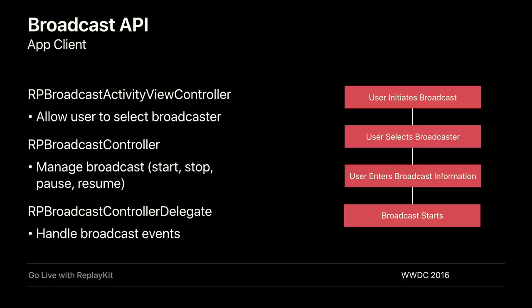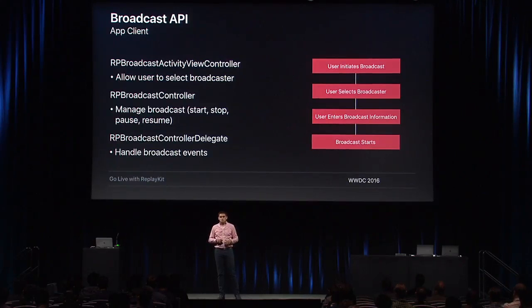RP broadcast controller allows you to manage the broadcast in your code, and you would usually wire it to some UI where user can start, stop, pause, or resume the broadcast. And the RP broadcast controller delegate is a delegate that is notified about different events during the broadcast. The broadcast can stop for some reason, there could be an error, or the broadcast extension may want to pass some information to the client app, and this is where the delegate is also used.